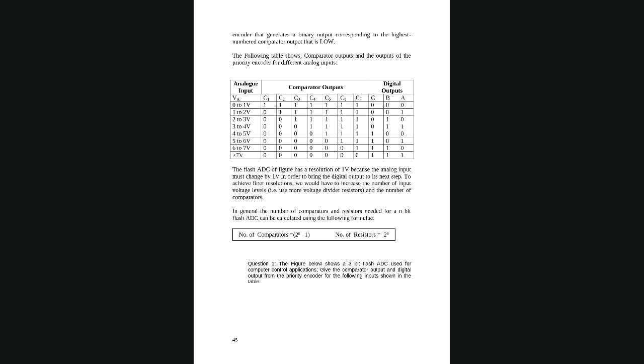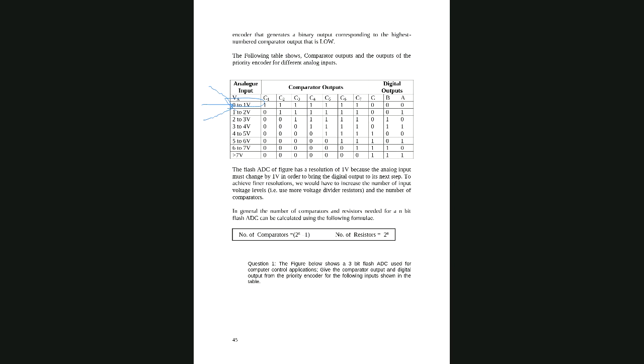Okay, let's see again. I have input only the first in the table. Any input from 0 to less than 1, because it is an analog to digital converter, so analog input, right? Any analog input up to less than 1.